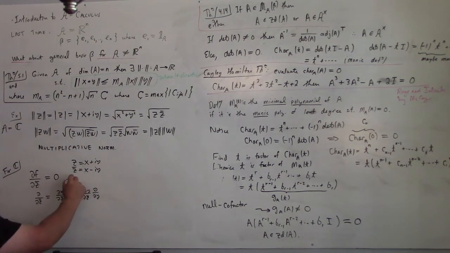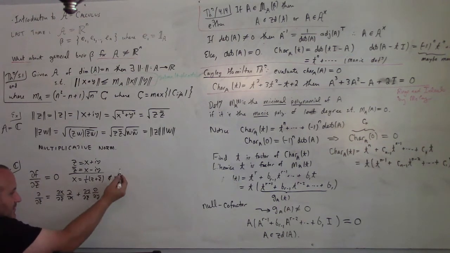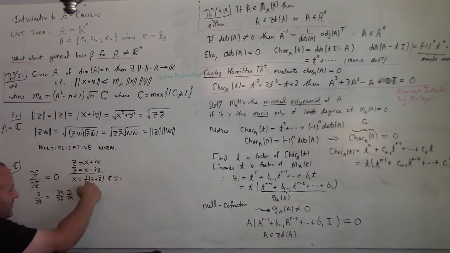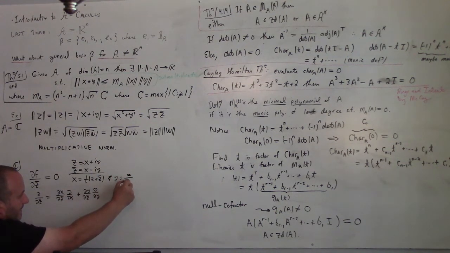So this gives me x is equal to 1/2 (z plus z bar). And y is equal to 1/2i (z minus z bar).